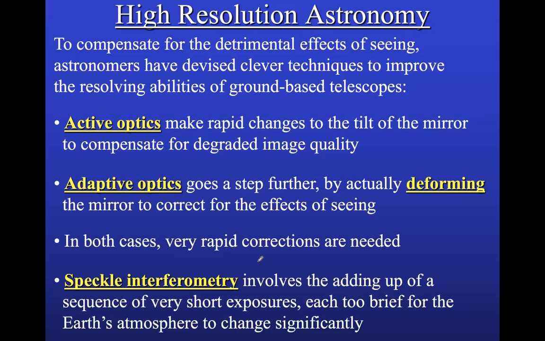And adaptive optics is a new technology that goes a step further. In practical situations, we make an artificial star on the sky.